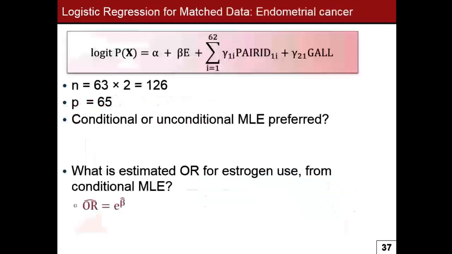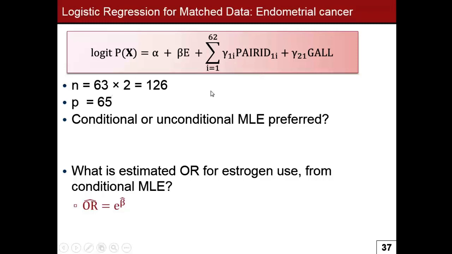In this model, we said there were 63 pairs, so 63 times 2 means there are 126 individuals. Here we have an alpha, a beta, 62 deltas, and another delta over here, delta 2,1. That's 65 terms, and we're going to want to use conditional logistic regression.